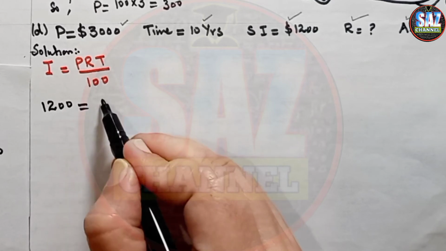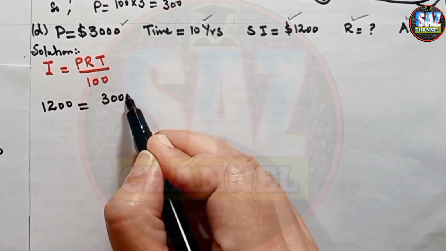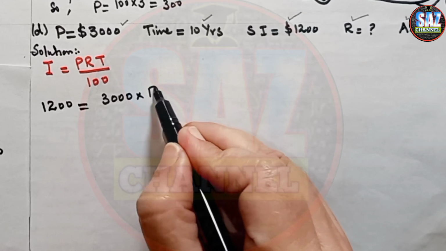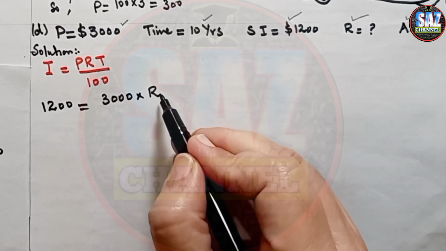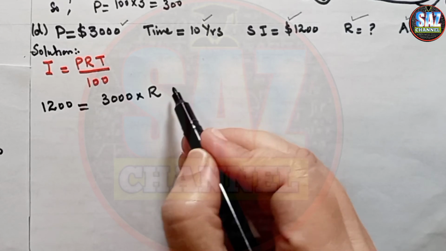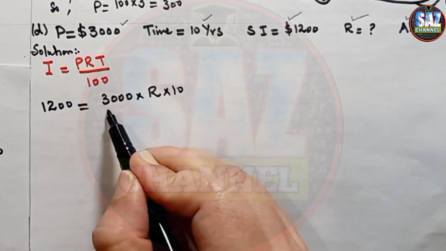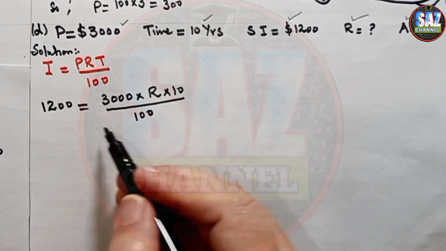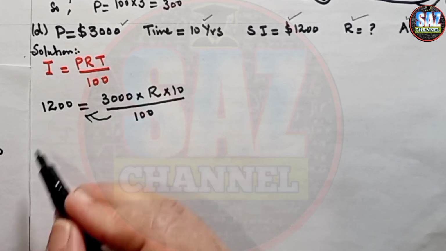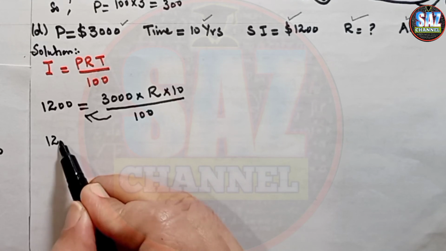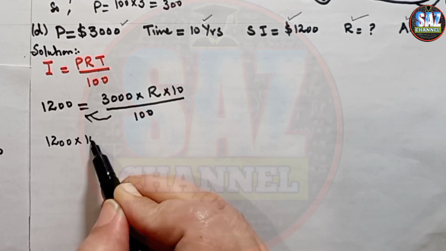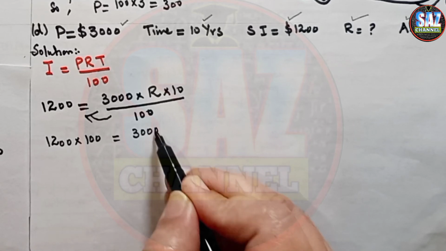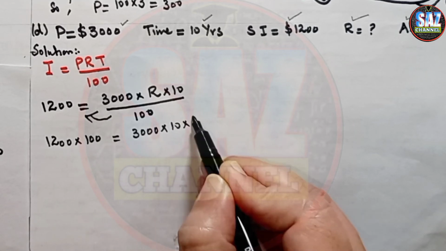Principal is given in the question, that is 3000, multiplied by rate, which is unknown, and the time is 10 years, multiplied by 10 upon 100. Now I have to shift this 100 to the other side, and the equation will take the form 1200 multiplied by 100 equals 3000 multiplied by 10 multiplied by R.